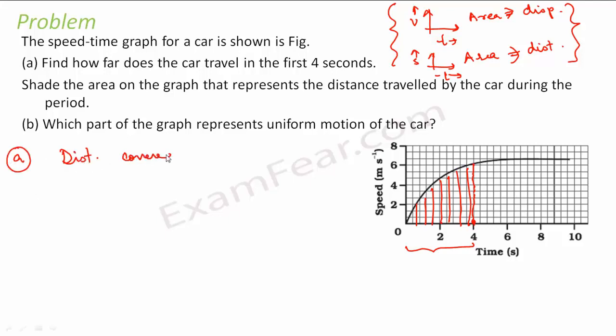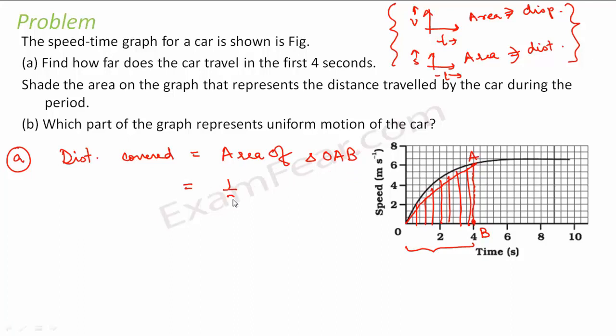So distance covered will be equal to the area of, let me call this point A and this point B, triangle OAB. Even though it is not exactly a triangle, it is somewhat similar to a triangle, because even if you draw a triangle, you are covering most of the area. This is negligible, so we can consider it as a triangle.